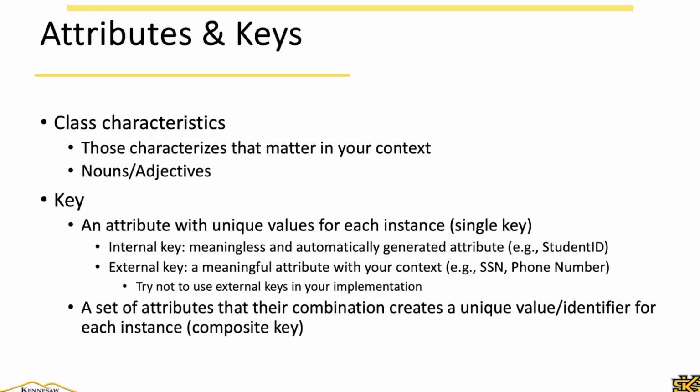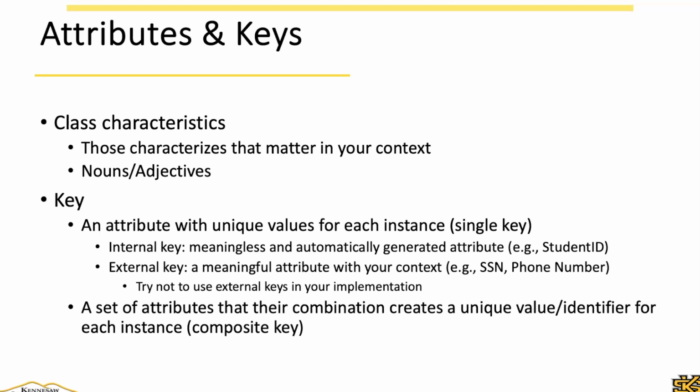Now let's talk about the class attributes and attributes that are also keys. Class characteristics are those that matter in your context. For example, in a healthcare context, recording the social security number might be an important attribute of the class customers or person. However, if you're designing a database for a small restaurant, the social security number might not be relevant unless the person class refers to employees, in which case it could be important.